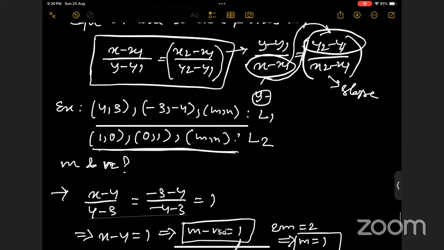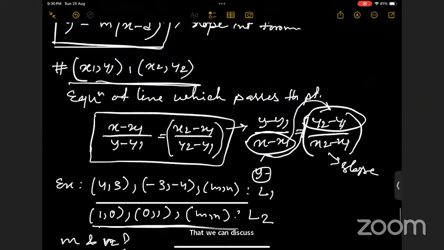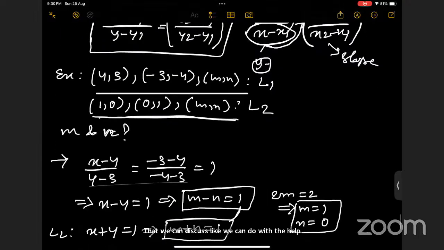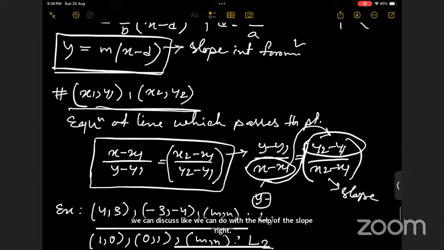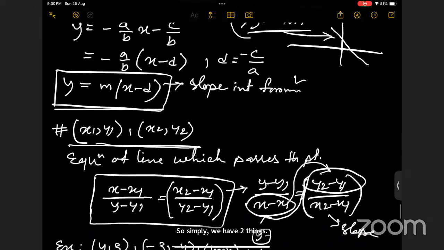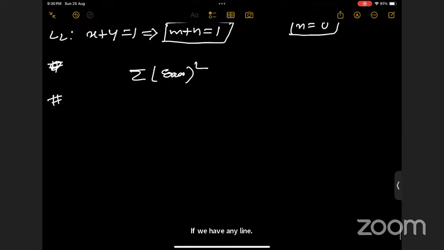We can do that with the help of the slope, right? If we have two lines L1 and L2, then we have their slopes. We had some conditions over the slope, and using that we discussed the angle between the two.